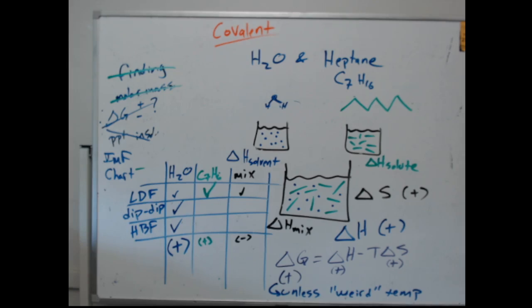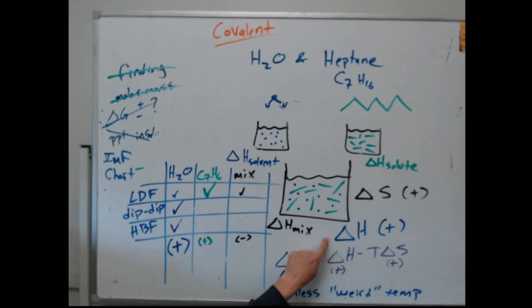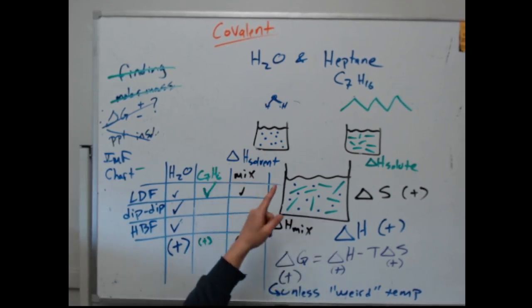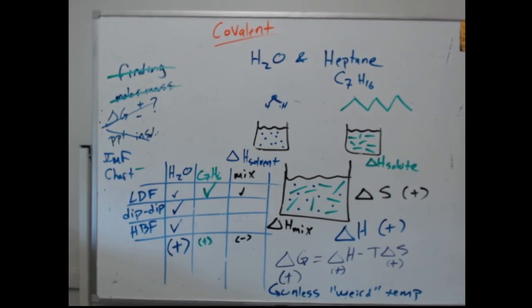For covalent compounds, we can use our molecular structure knowledge to really get at this delta H idea. And as long as we're mixing pure stuff, we already know this delta S is going to be an increasing value. So by knowing stuff about the molecular structures, we have more knowledge before we go into the experiments.